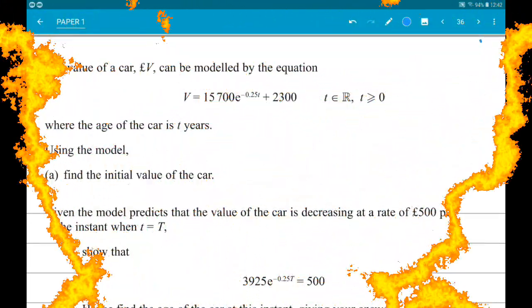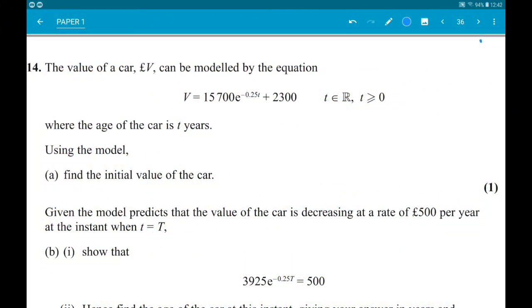The value of a car V pounds can be modelled by V is 15,700 e to the minus 0.25t, add 2,300, where t is greater than or equal to 0 in the reals, and is the age in years of the car. Using the model part A, find the initial value of the car.